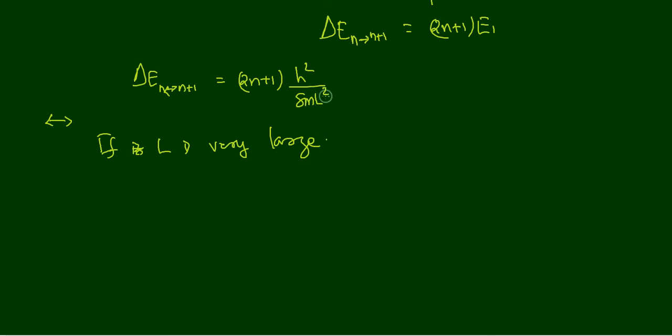As the length increases, since the length of the box is in the denominator, delta E will decrease. The energy difference will decrease.